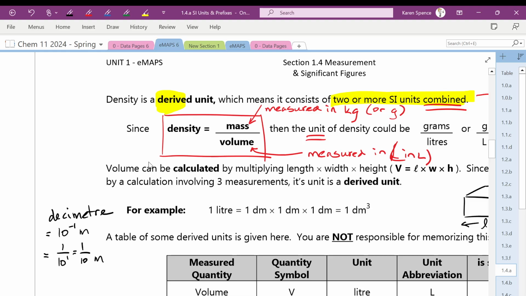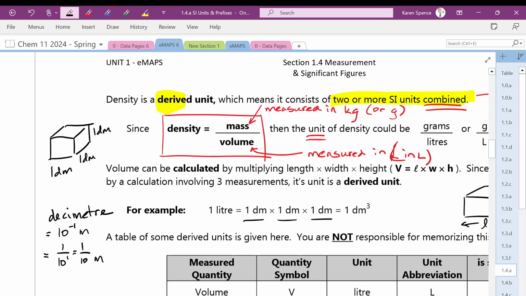Okay. Now, if you take a decimeter, if you have a cube and it's 1 decimeter by 1 decimeter by 1 decimeter, we get 1 decimeter times 1 decimeter times 1 decimeter.